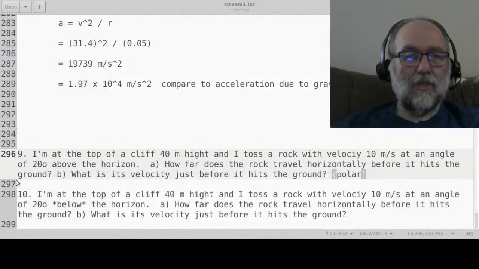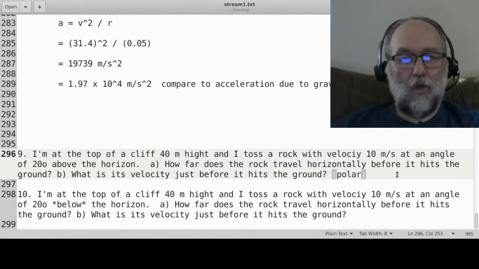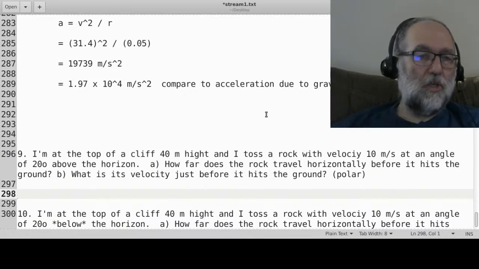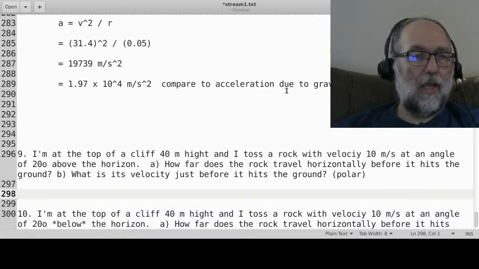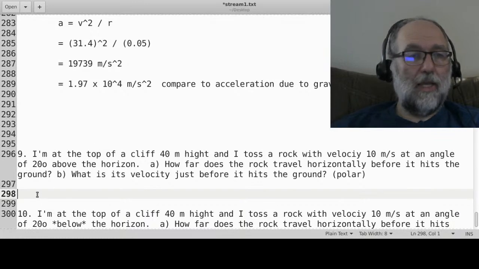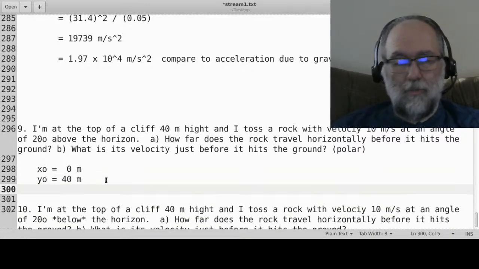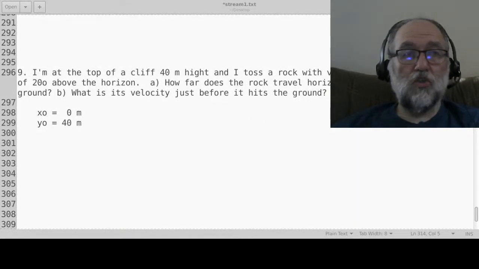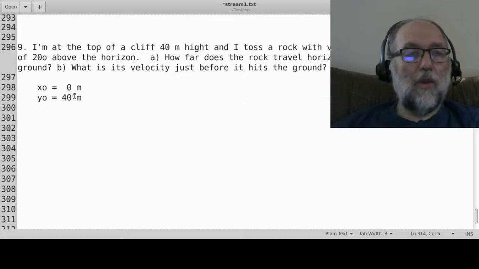So now we can start solving the problem. We would begin reading off of that picture your initial position, your final position, and so on. Your initial position is two numbers. It's both an x and a y value. Let me move that other problem down. Where is it?